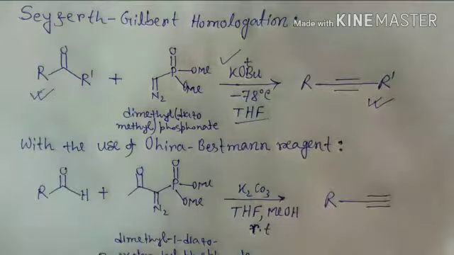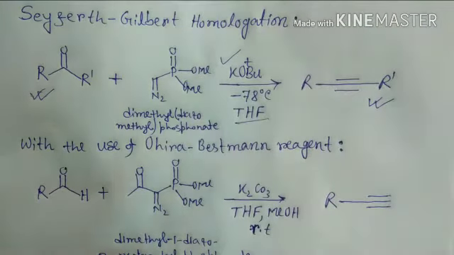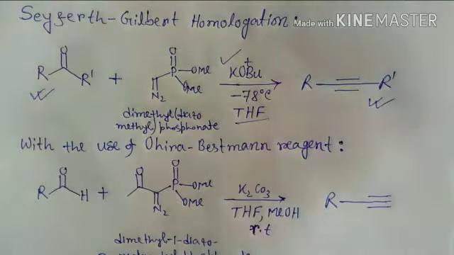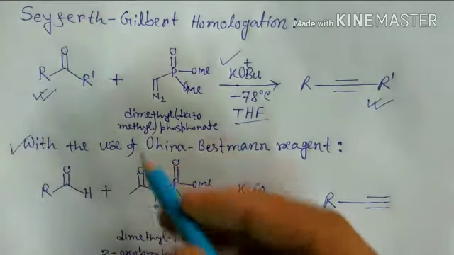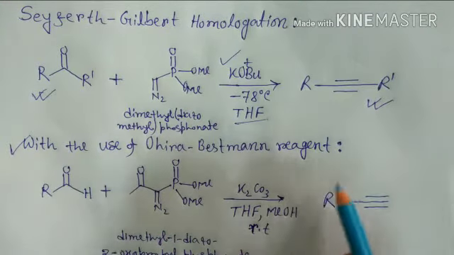And when I write the mechanism of this reaction, it will remind you of the mechanism of the Corey-Fuchs reaction as well as the Wittig reaction. But there is a modification of the Seyferth-Gilbert homologation condition, and this uses the Ohira-Bestmann reagent.